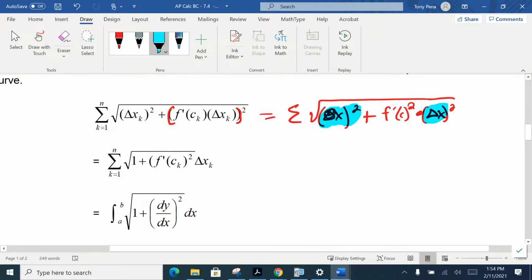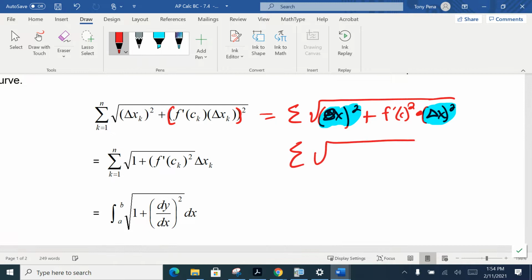Since they both have a delta x squared, we're going to factor that out. If I take out a delta x from this term, it's going to be a 1. If I take out the delta x from this second term, all I am left with is my derivative squared. And then the delta x squared I'm going to leave on the back end. So instead of factoring and putting it out in front, I'm going to factor it and put it behind.